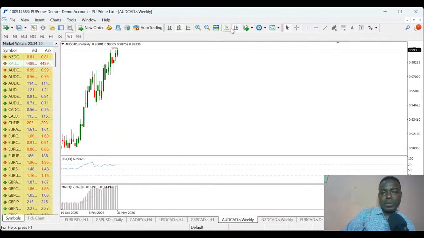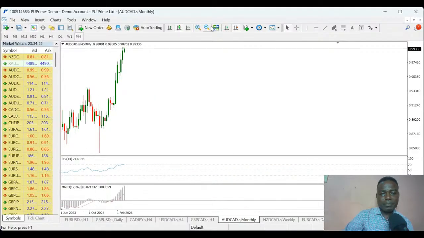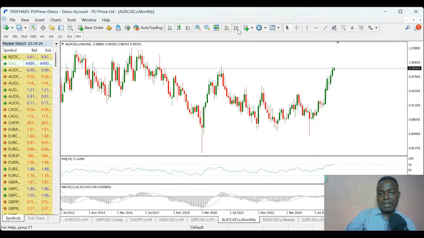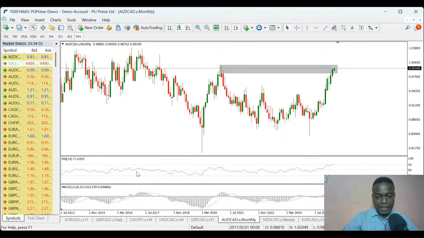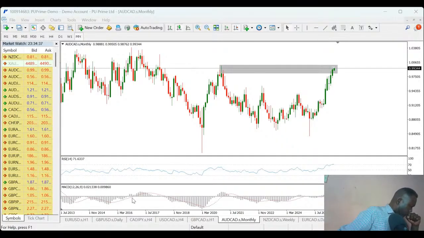Now let's go over to the weekly time frame, or even possibly the monthly time frame, to get a clearer perspective on this instrument. Now on the monthly time frame, we can clearly see that price is trading around a previous resistance zone. Pardon me for that.